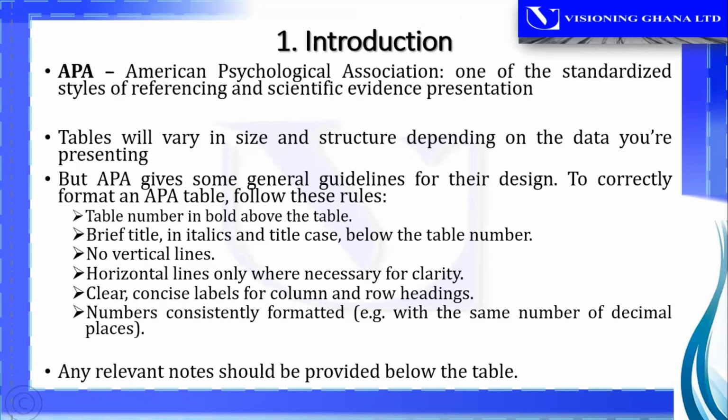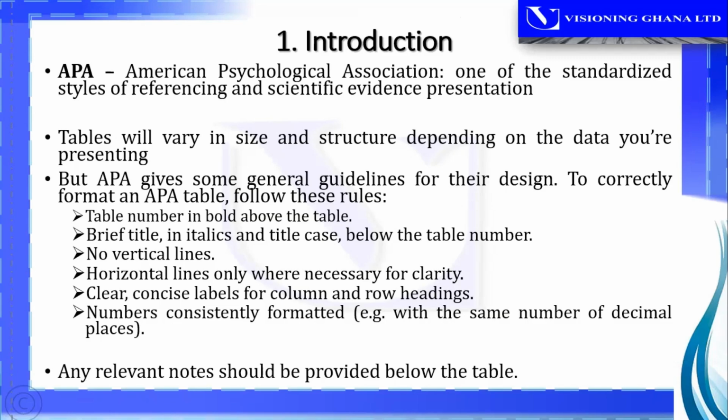So as I said, the tables we are going to generate are going to be APA, because in Ghana here, most universities require that we write in APA. So apart from doing writing in APA, we also have to convert our tables to APA. So everything we are going to do will be in APA.